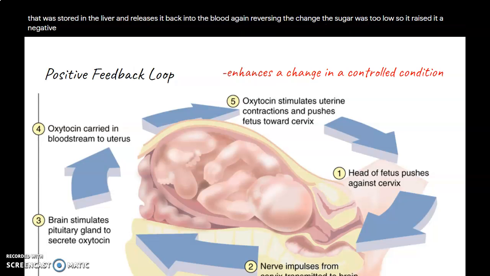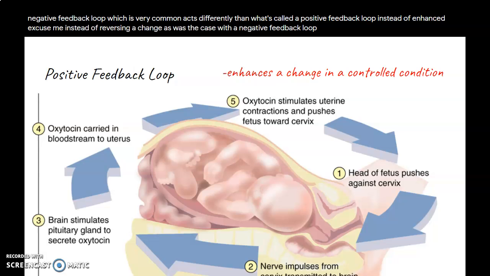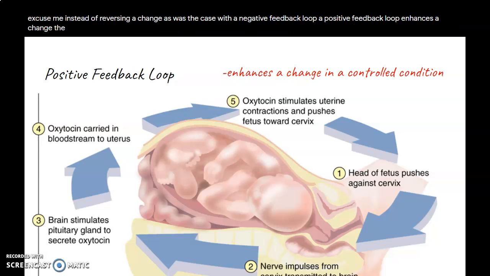A negative feedback loop, which is very common, acts differently than what's called a positive feedback loop. Instead of reversing a change, as was the case with a negative feedback loop, a positive feedback loop enhances a change. The classic example of a positive feedback loop would be childbirth.